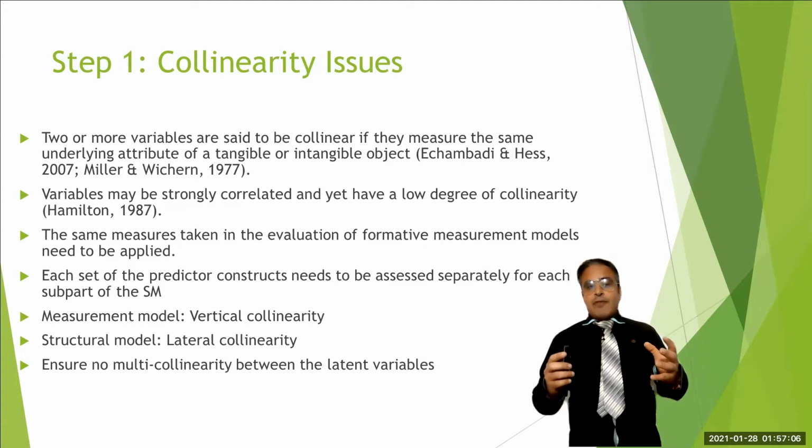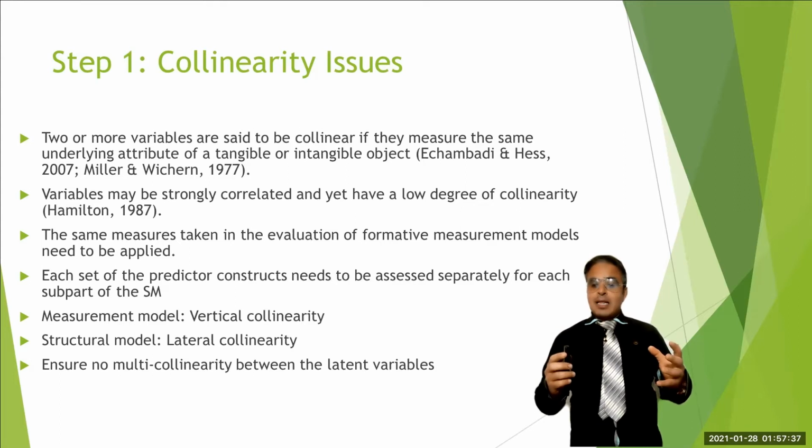Each set of the predictor constructs needs to be assessed separately for each subpart of the structural model. We have to check how 2 variables, or 2 latent variables, are related in terms of collinearity.